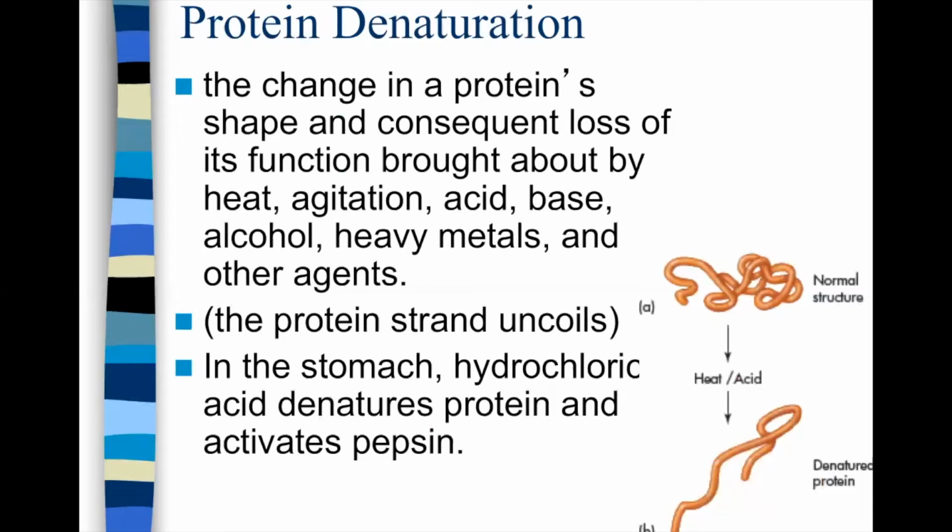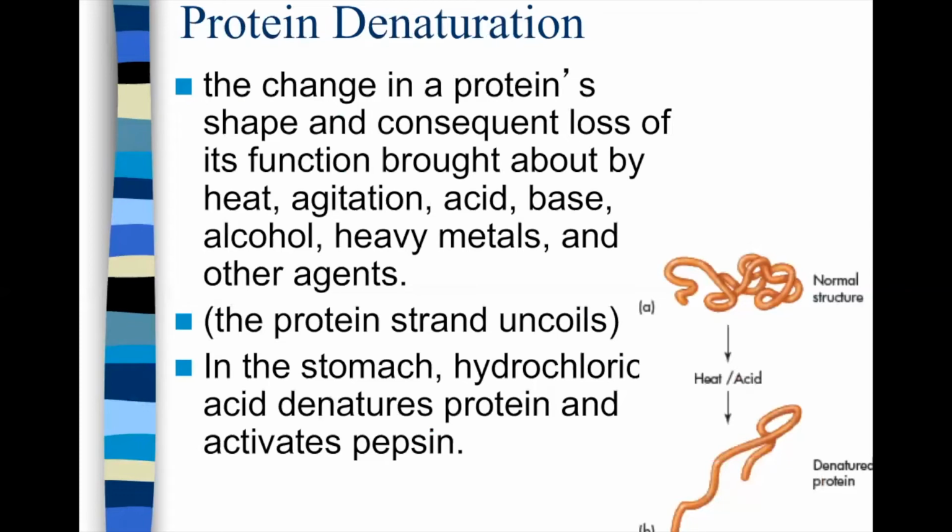We have many enzymes that help with protein digestion. Also, our stomach can help with protein digestion. Before we eat, cooking our food actually helps with protein denaturation. So cooking can denature proteins. High heat can denature proteins.